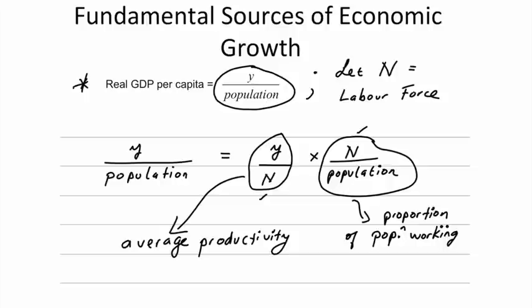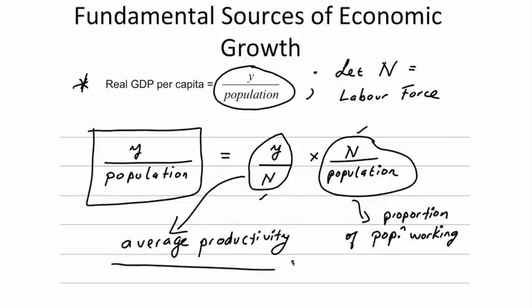And so what we're actually looking at here is something pretty profound. It's an insight that says, at a very deep fundamental structural level, if you want to understand what is determining the average amount of real GDP per person, the average income per person in the economy, it's going to be as a result of the interaction of two very important economic variables.